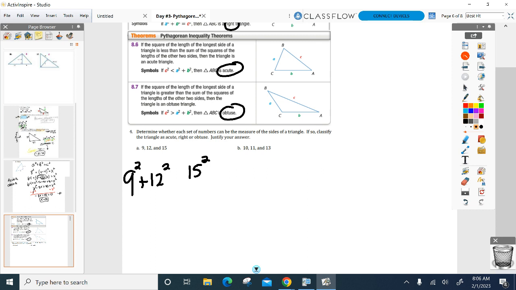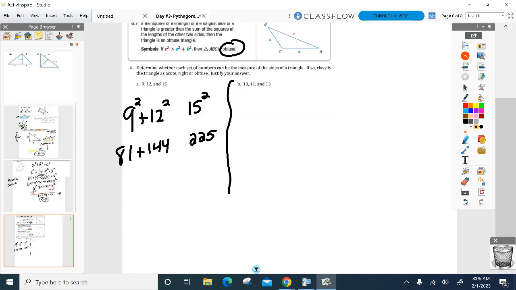So we do 9 squared, 81, plus 144. 15 squared, is that 225? Yeah, 225. And what do you notice? 81 plus 144 is 225, right?